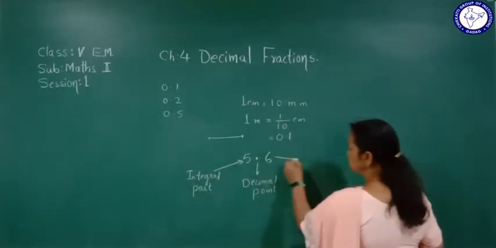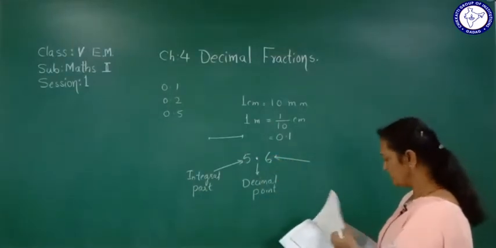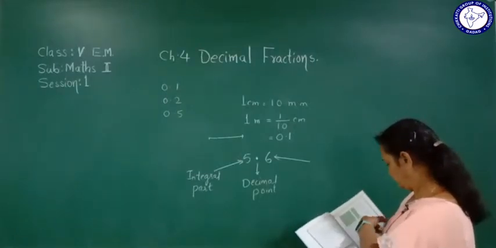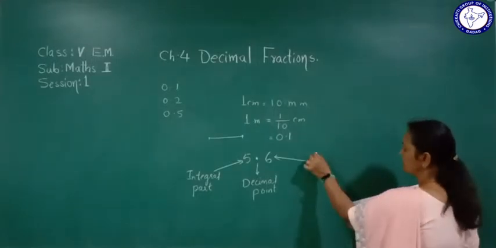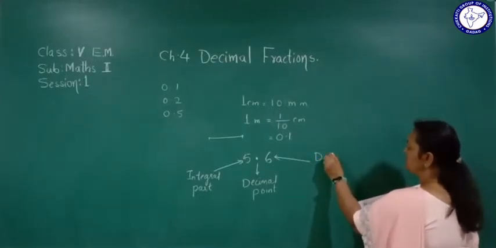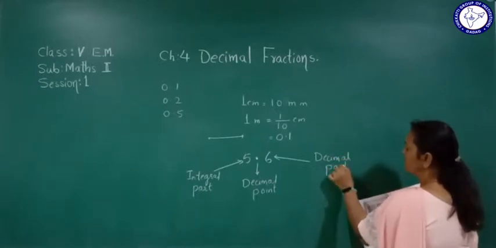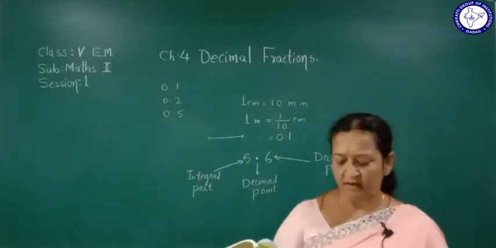And 6 we call the decimal part or fractional part. This is called the decimal part, or sometimes we call it the fractional part.